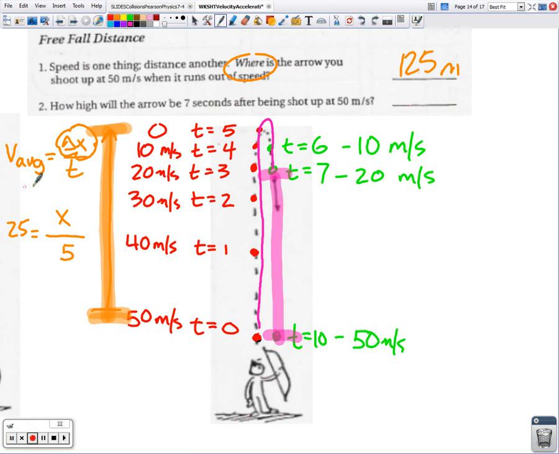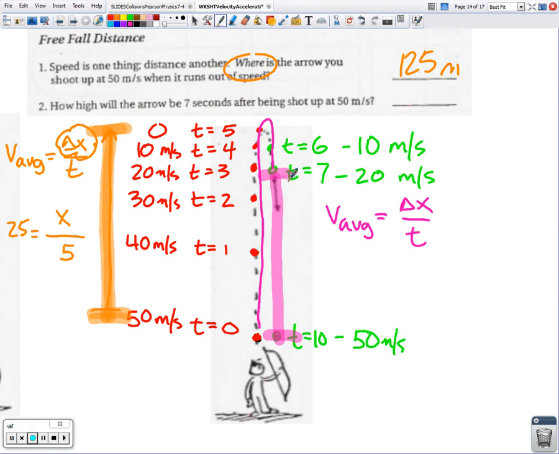Okay? This equation still holds true even though we've gone up and we've come back down. Okay? Remember, displacement is how far away you are from where you started. Yes? That sound familiar?